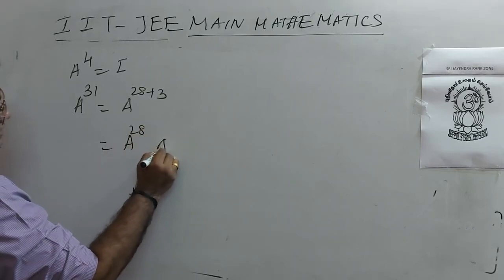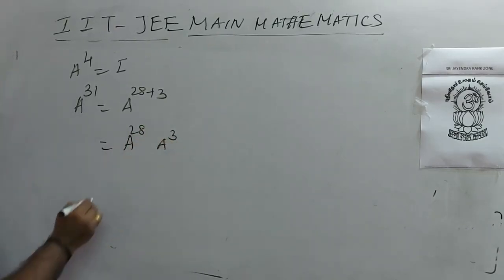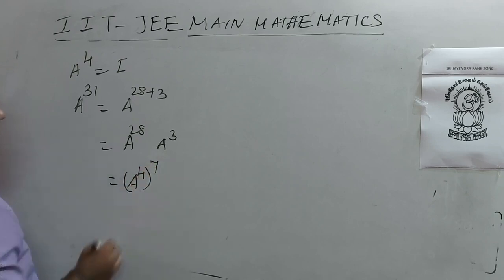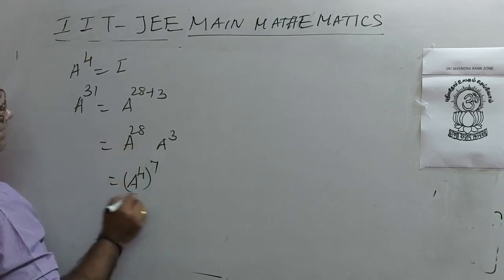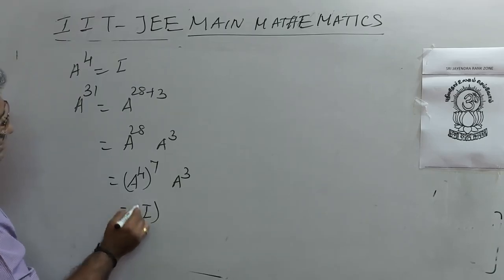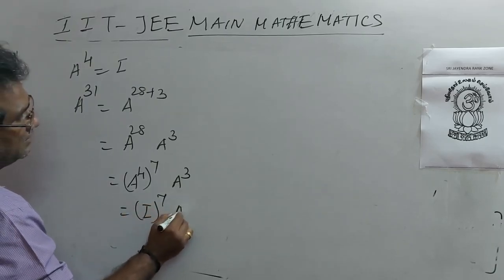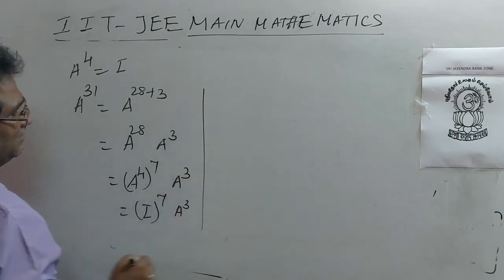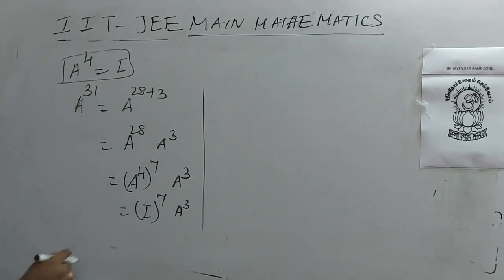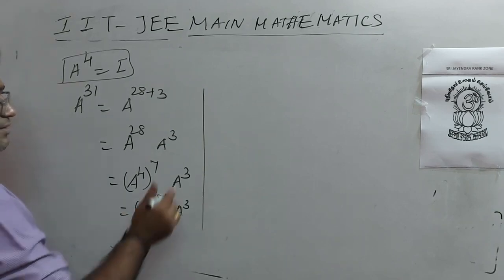A power 28 into A power 3. A power 4 power 7, 7 into 4 is 28, into A cube. That is I power 7 into A cube. We have proved A power 4 equal to I, I is a unit matrix.